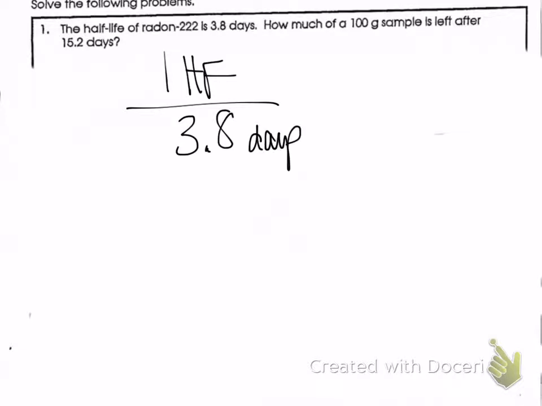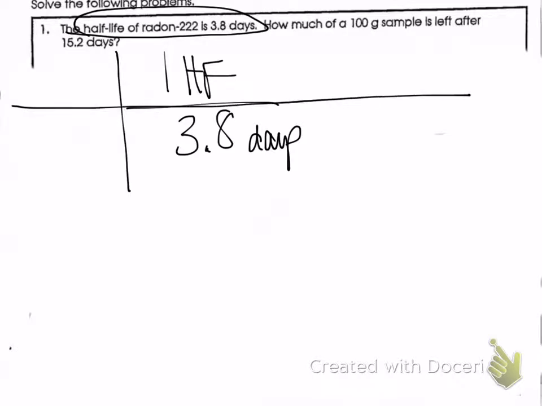Again, this is the ratio given to you at the beginning of the question. Now what we have to do is say, if you started off with 15.2 days, what would a 100-gram sample be left over after so much time?